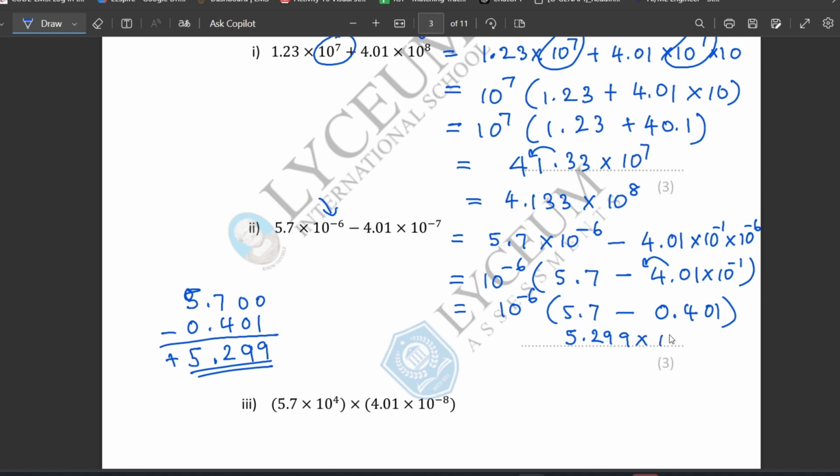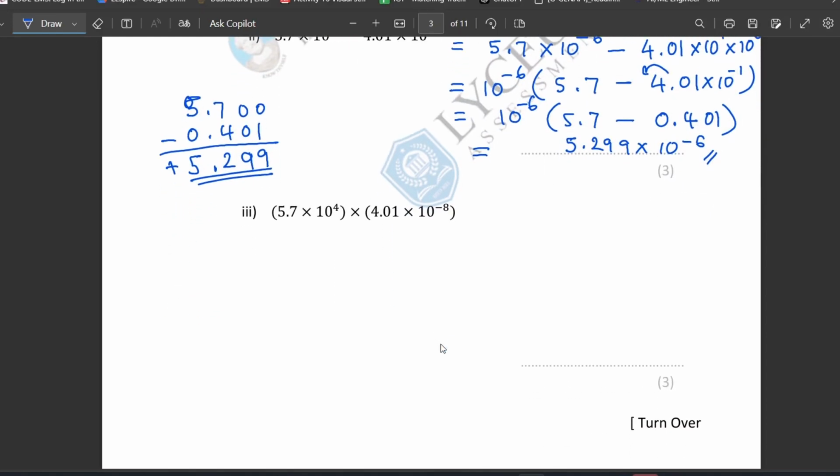5.299 times 10 to the power minus 6. And this one, we can't easily see a common factor here.